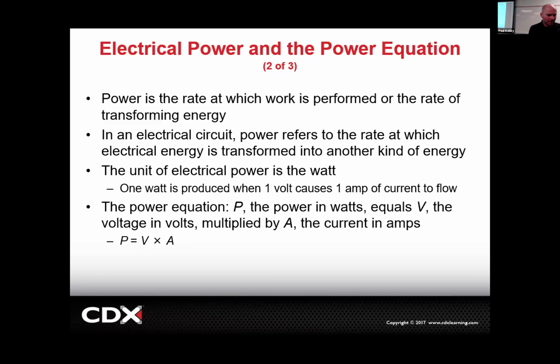All right, so when we talk about that, check this formula, right? Power is the rate at which work is performed. Okay, so it's just a little different. In an electrical circuit, power refers to the rate at which electrical energy is transformed into another kind of energy.